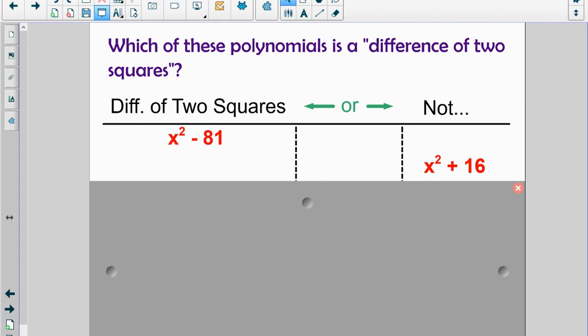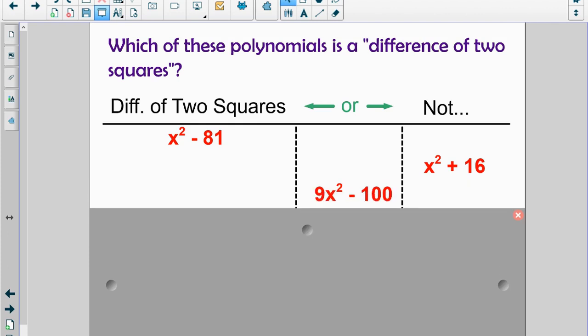It has two perfect squares in it. X times x is x squared, and 4 times 4 is 16. The problem is it's not a difference. It's a plus sign. That would be like a sum of two squares, and that is not a special factoring pattern.